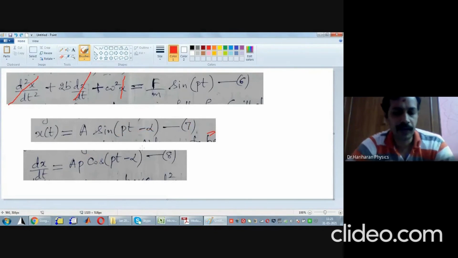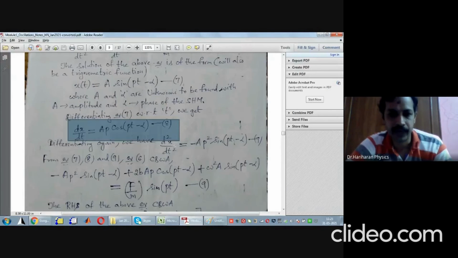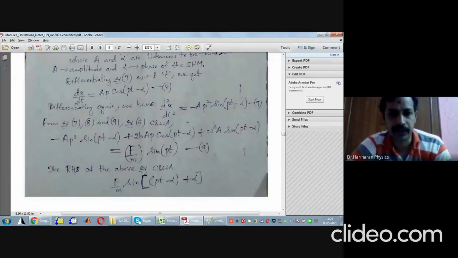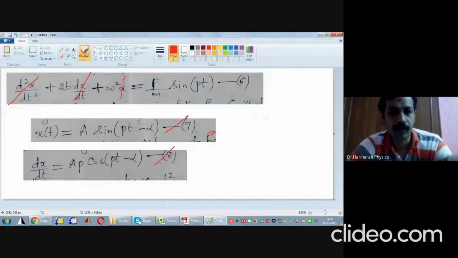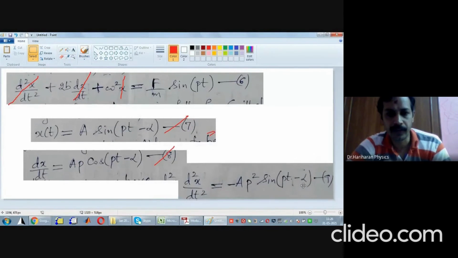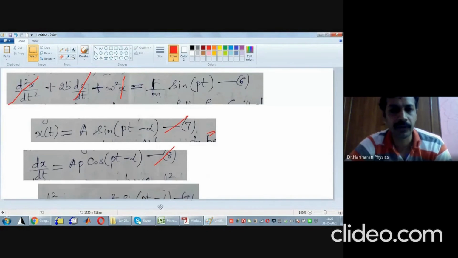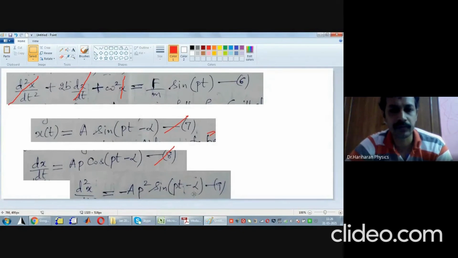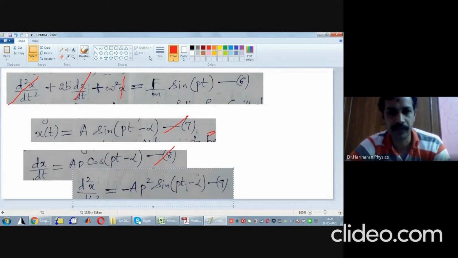Next, if I differentiate equation 8 with respect to time, you are going to get acceleration. So what is acceleration given by? Acceleration is given by d square x by dt square.